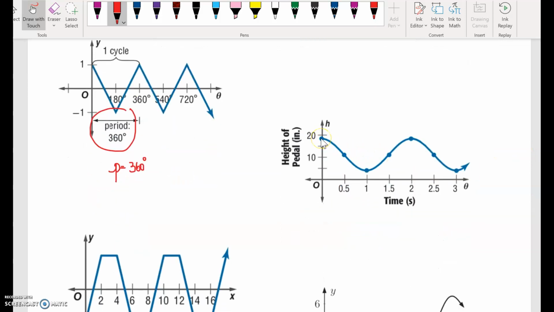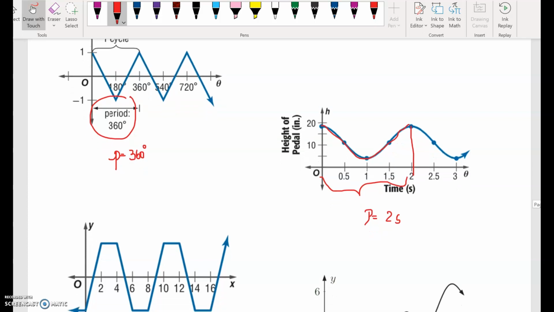This starts at some height, it looks like about 18, and it goes back down and comes back up somewhere over here, and that seems to be one period. And so one period in this case would be 2 seconds in this model.